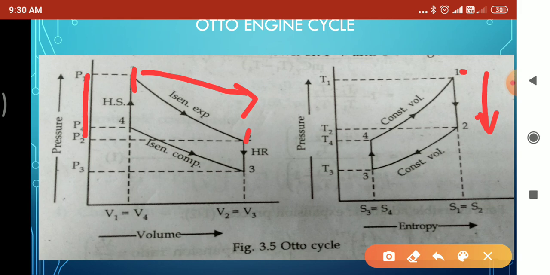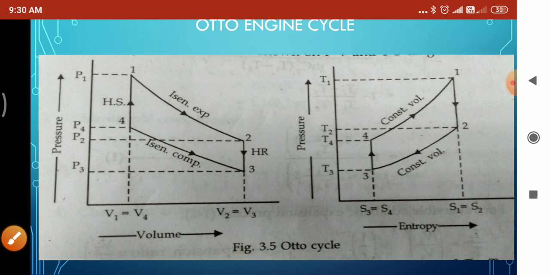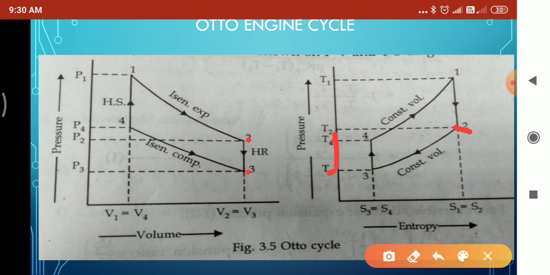Then process number 2, from 2 to 3. In this process, volume remains constant, temperature decreases from T2 to T3, pressure decreases from P2 to P3, but volume remains constant and heat is rejected.